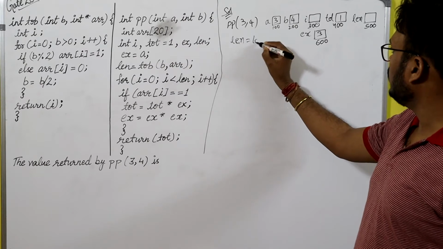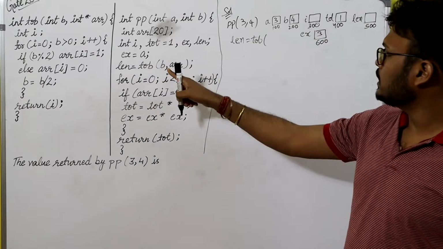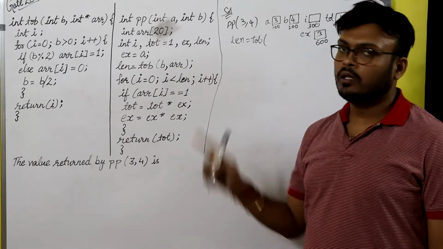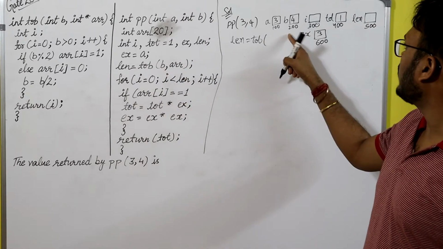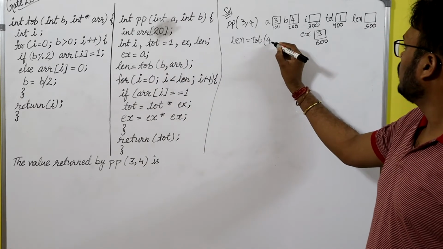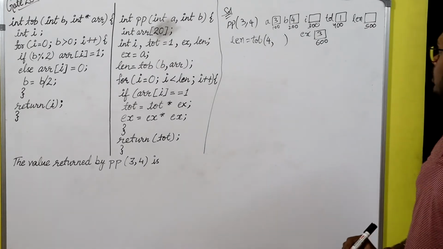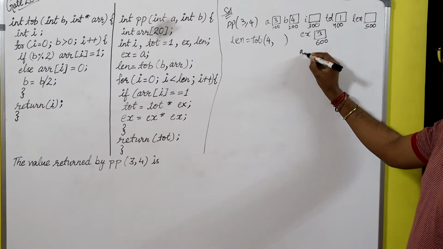What are the parameters passed here? That is B, ARR. ARR means the base address of the array. At first I will write the value of B as 4, and let me write here ARR.